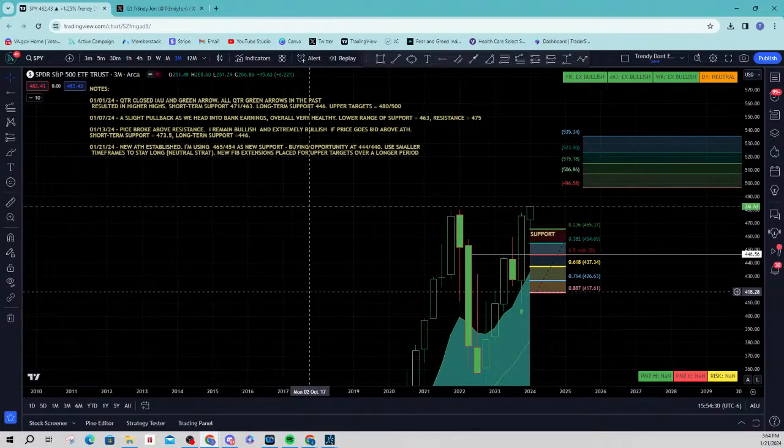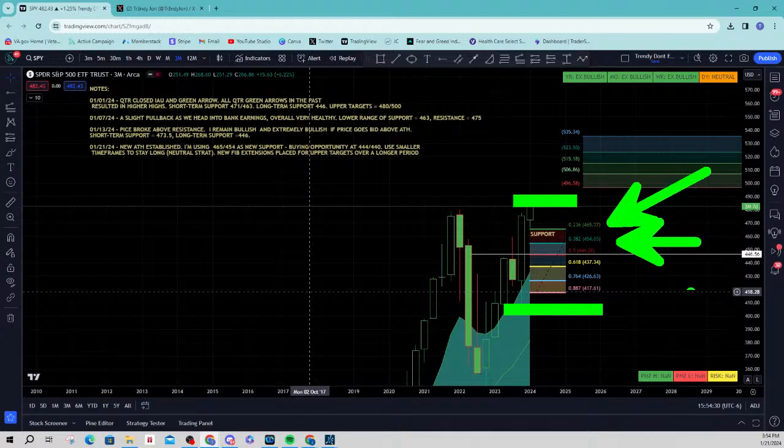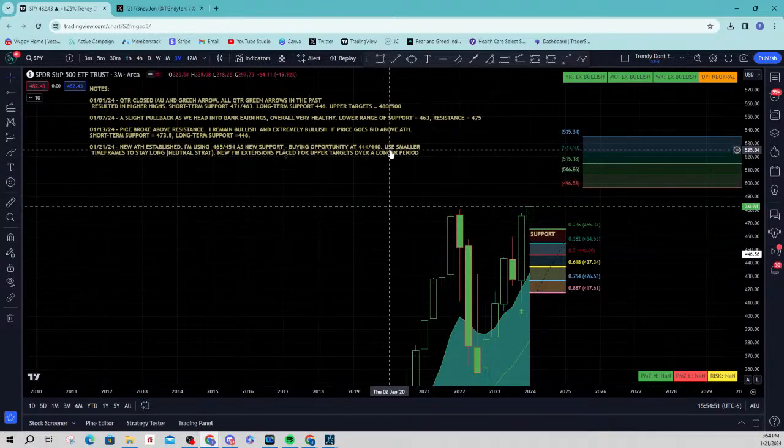All I'm doing here, everyone, is using a quarterly Fibonacci, from right here to right here, and it doesn't have to be perfect. The 23.6 and the 38.2 are the levels that I just placed in here for you to understand that, okay, right there. And buying opportunity at 444 by 440.